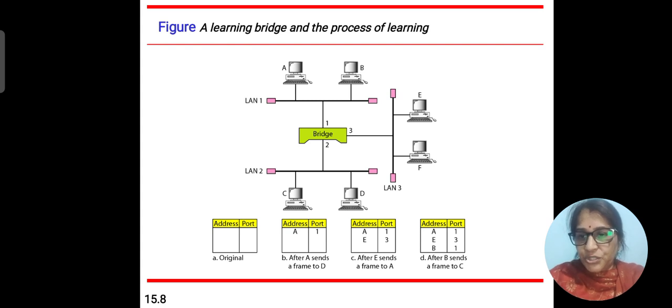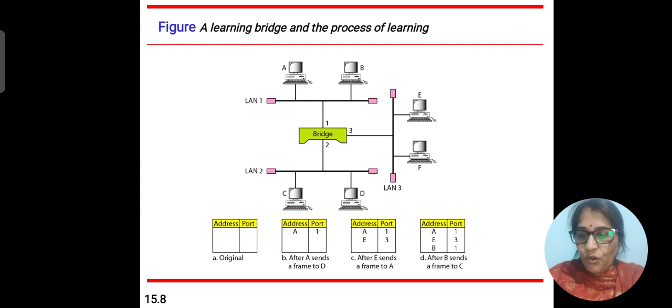As shown in the tables, this is the state after A sends a frame to D, in table C after E sends a frame to A, and in table D after B sends a frame to C. When station E sends a frame to station A, the bridge has an entry for A, so it forwards the frame to port 1.